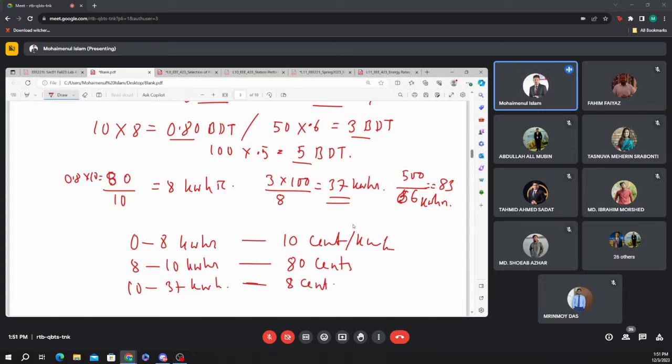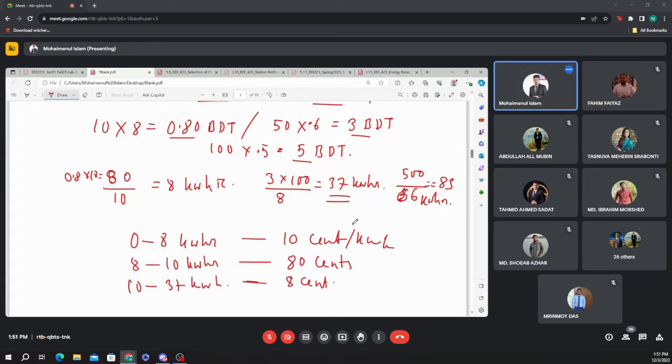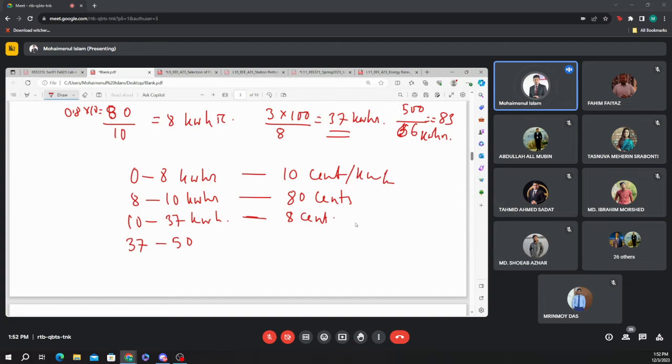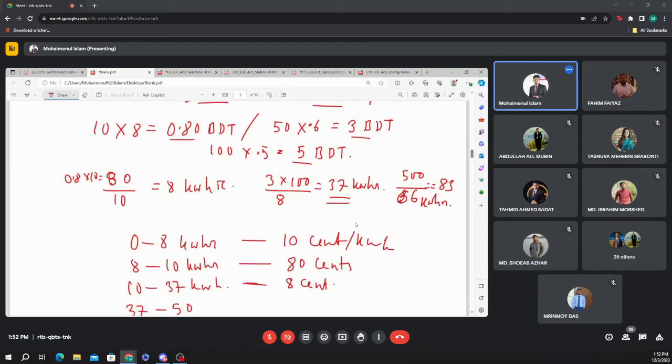Previously it was 10 to 50, right? Now it is 10 to 37, and from 37 to 50, it was only $3. You see, 3 BDT or $3, whatever, 3.